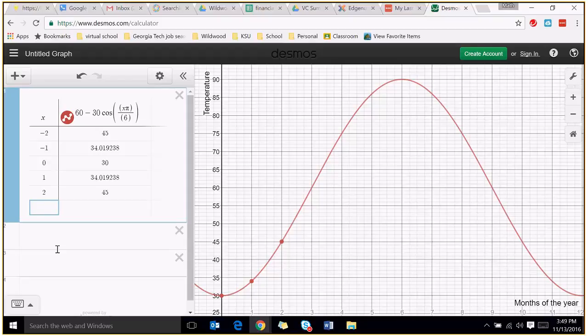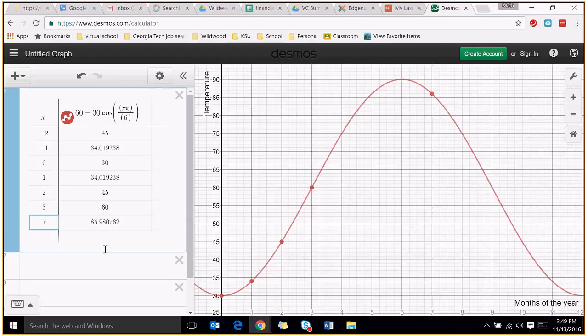Okay. Yep. And notice that when you put the 3 in, it tells you it's 60 degrees. So I'm gonna then put the dot on there. What's August? 7. And there's your value. Nice. And then October, 9. There you go.